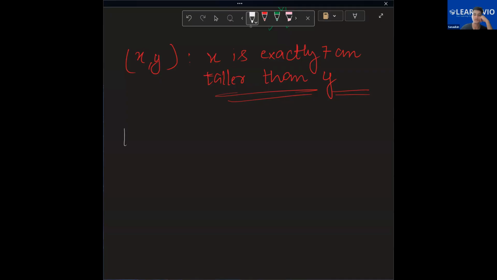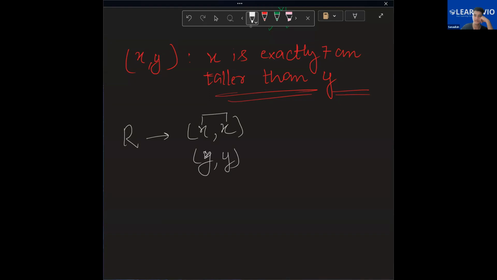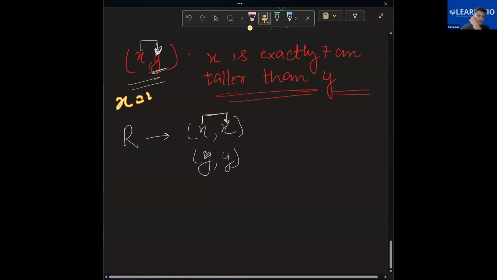So for reflexive, what you must have is (x, x). See how I was reading this: x is exactly 7 centimeter taller than y, हैना? मैं इसको रीड कर रहा था कि जो x है वो एग्जैक्टली y से 7 सेंटीमीटर ज्यादा है. That means x is equal to y plus 7.